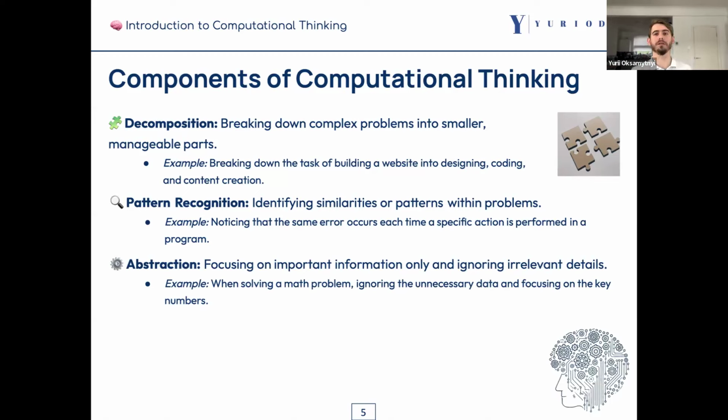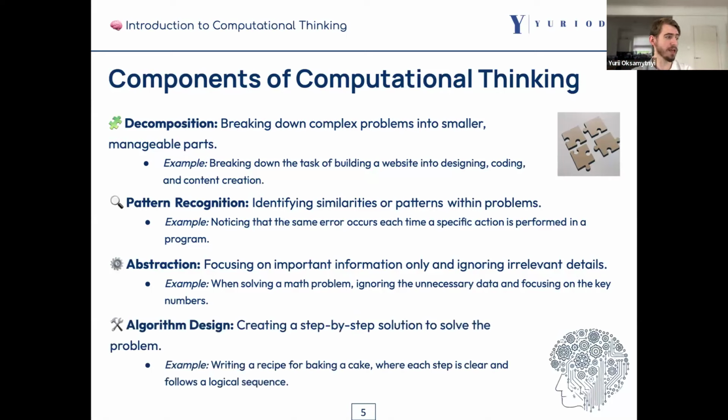Let's talk about a right-angled triangle. When we are applying Pythagoras, we are not taking into consideration the thickness of the sides. Yeah, we just know that it can be ignored. So this is an example of abstraction in math. We will go to examples of abstraction in computer science a bit later.